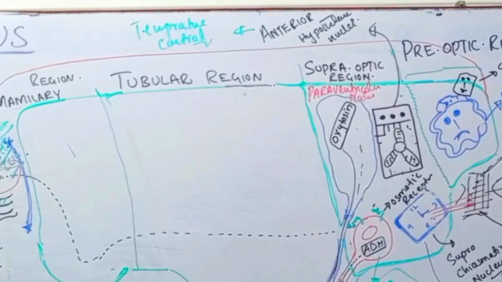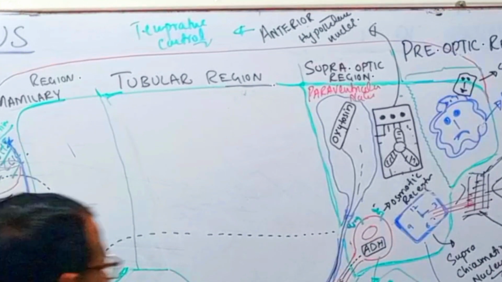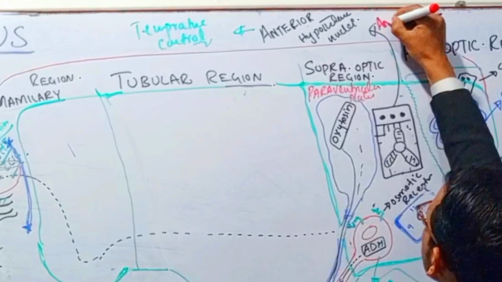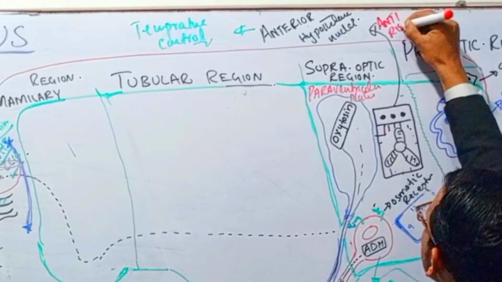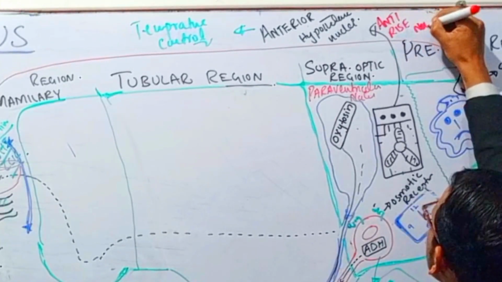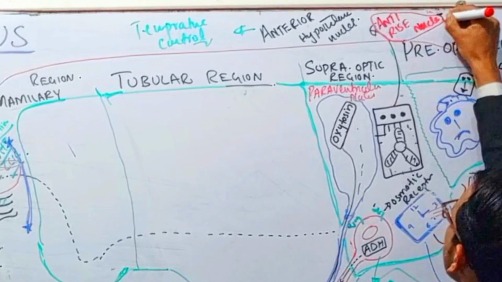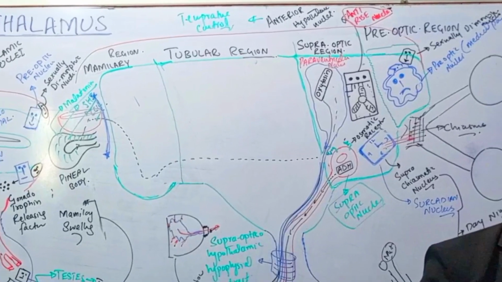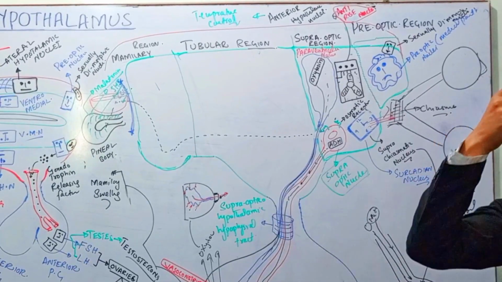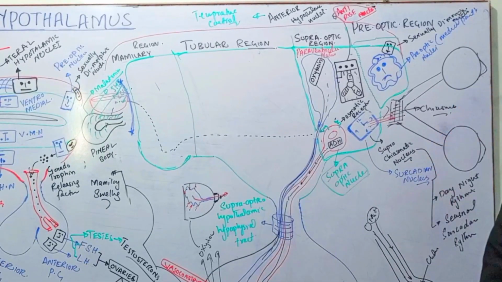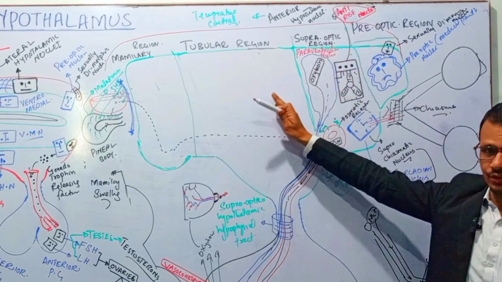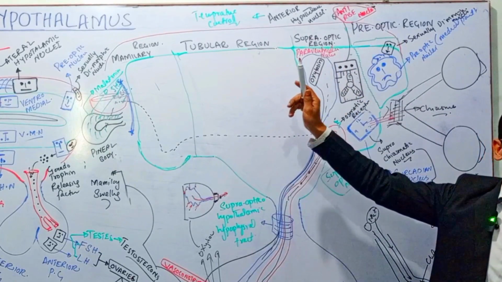This nuclei is also known as anti-rise nuclei. It is also known as anti-rise nuclei, meaning that it avoids the rising of temperature. And when we have some ventricular bleeding or some bleeding in brain or hemorrhagic strokes, right, and the bleeds come here and affect the hypothalamus, your temperature will not fall.